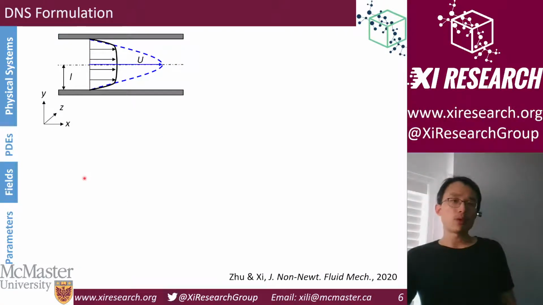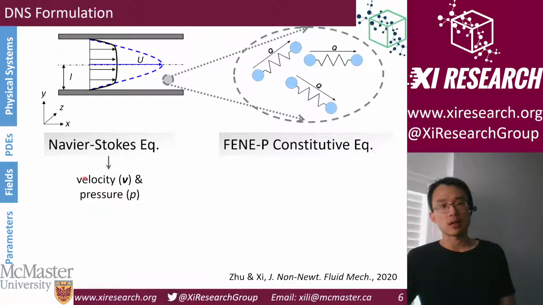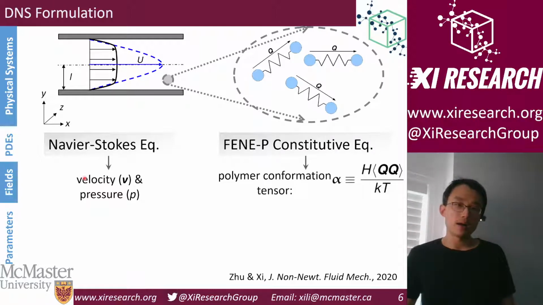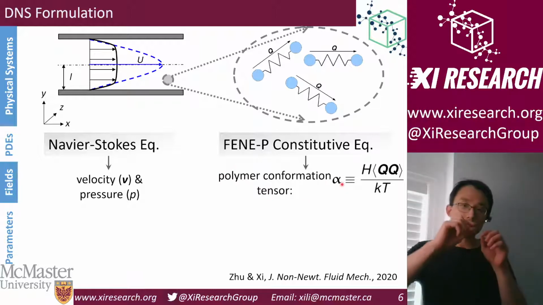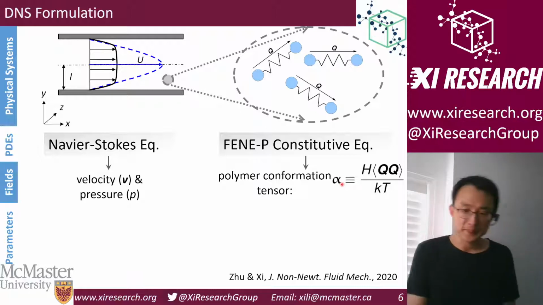So in this study, we use a direct numerical simulation of a pressure-driven channel flow. We couple the Navier-Stokes equation with the Phillips constitutive equation, which solves for a tensor field, the polymer conformation tensor alpha, which basically tells you how much polymers have been stretched and what the direction of its orientation is.